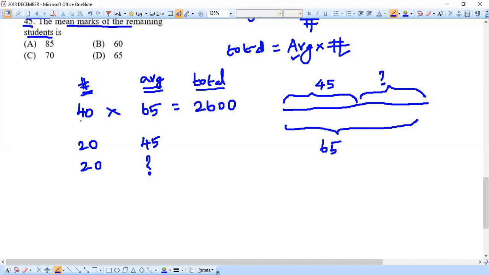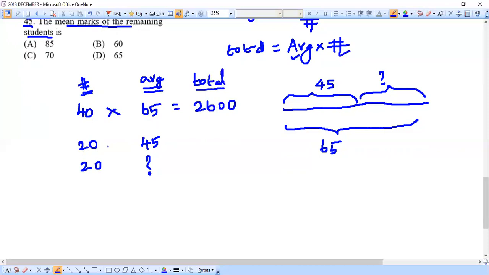I just thought of doing 4 into 65. So 65 double is 130, and 130 one more time double is 260. But I have to multiply with 40, so there's an extra zero. I inserted a zero at the end. So 2600. For all the 40 students, the total is 2600.